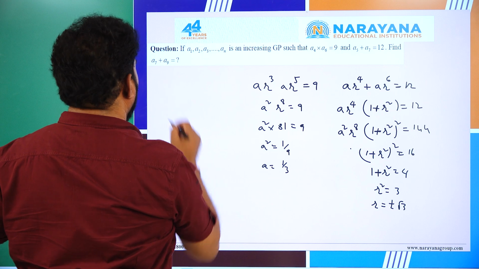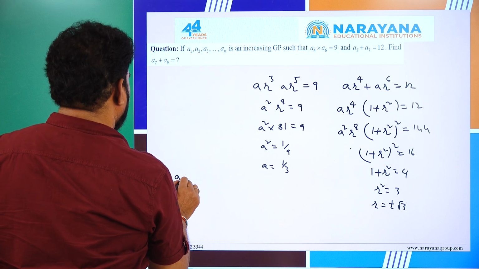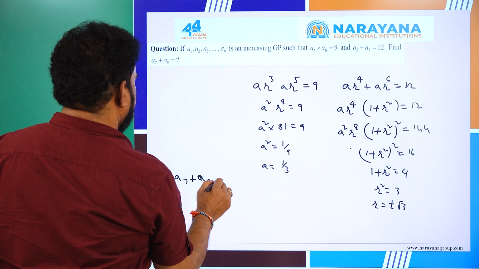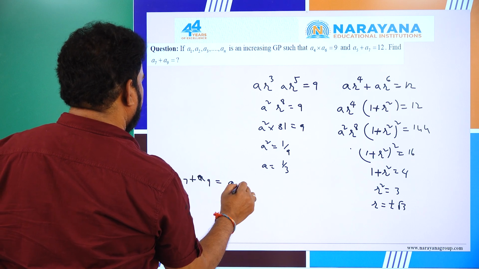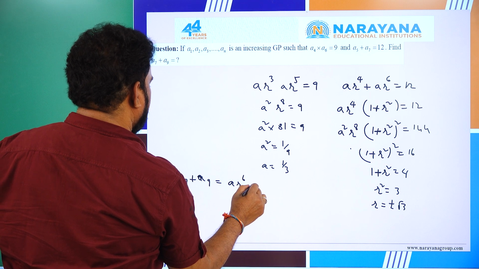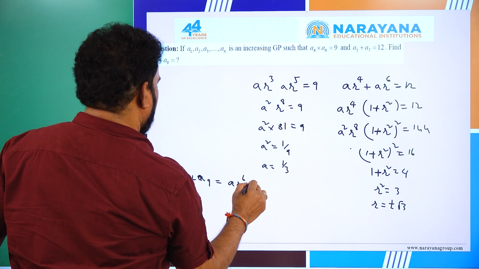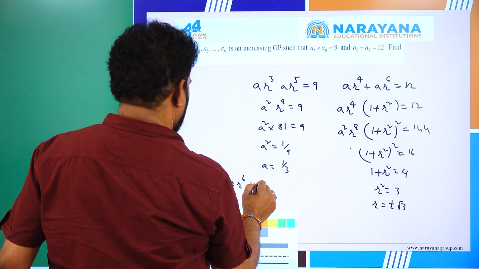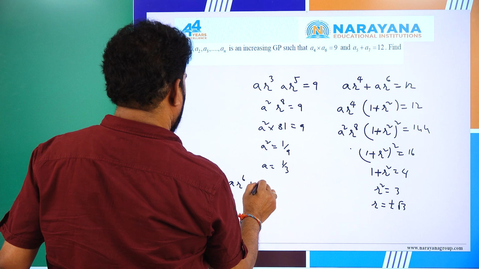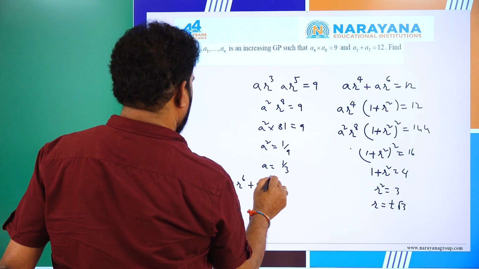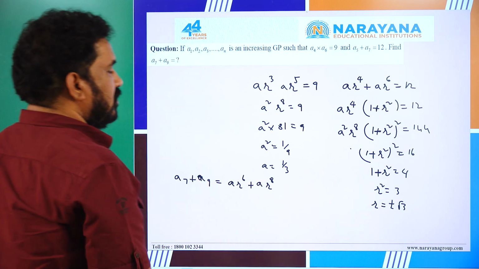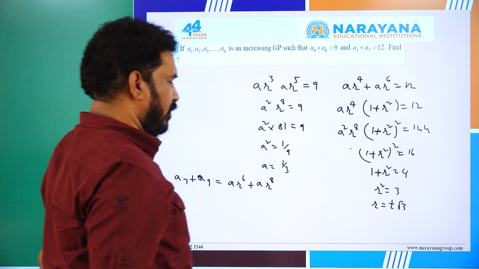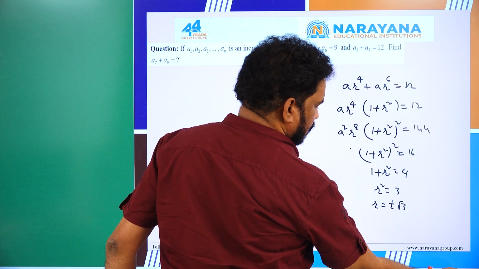Finally, what we have to find is a7 plus a9, which is a into r power 6 plus a into r power 8. Here the a value and r value are there, so substitute them and get the answer. Very simple question, everybody can do this. Okay, next.